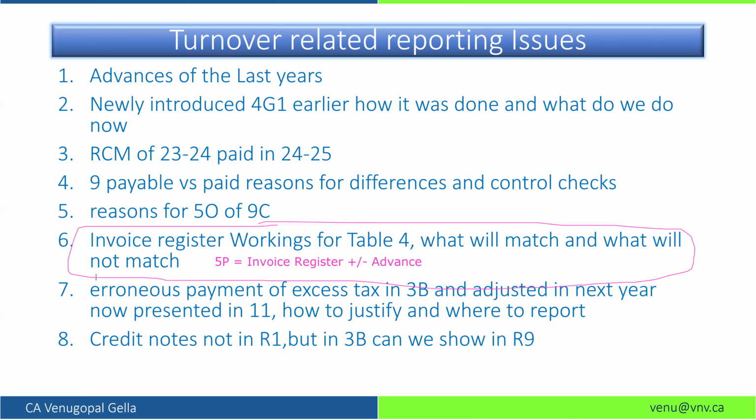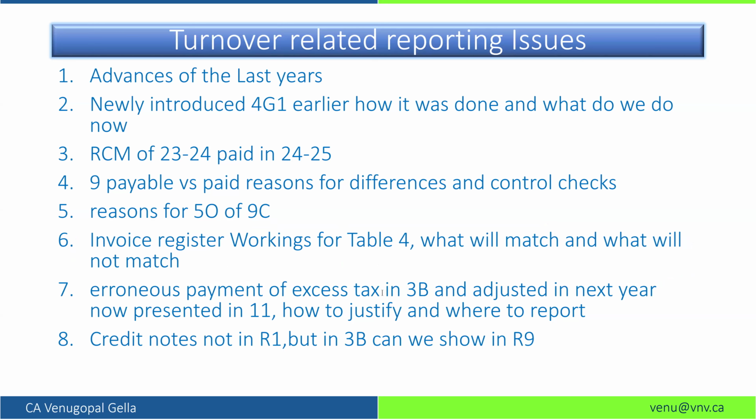Moving further, my excess payment of taxes we have discussed. Last one is credit notes. Credit notes which are there in R1 but not in 3B. Can we show it in my R9? If we take an example, let's say my turnover is 100 minus 10 rupees credit note and 90 rupees liability, which is matching with my 3B also, which is 90.